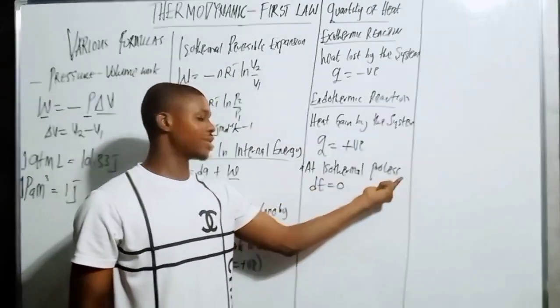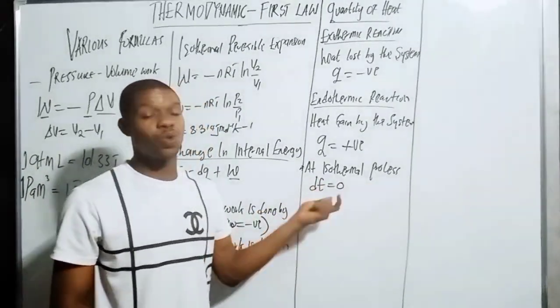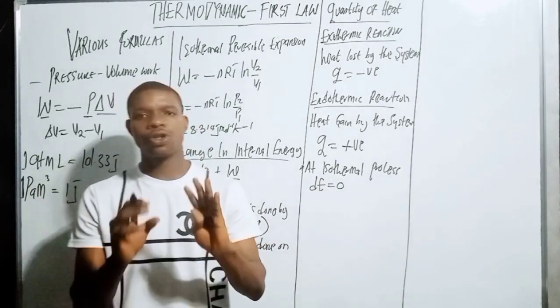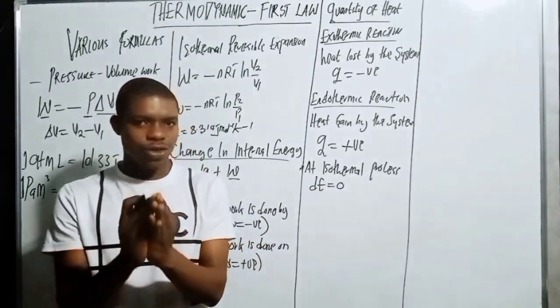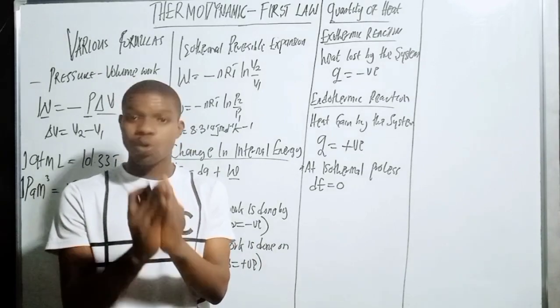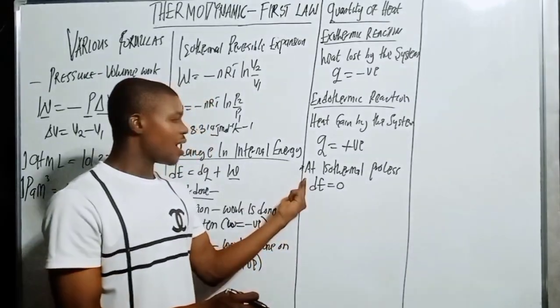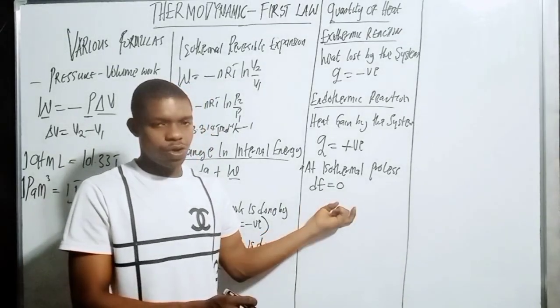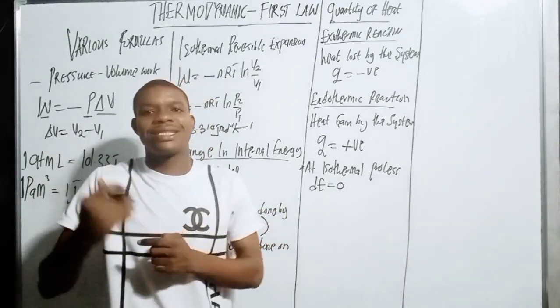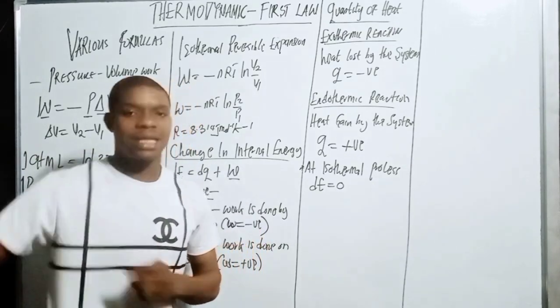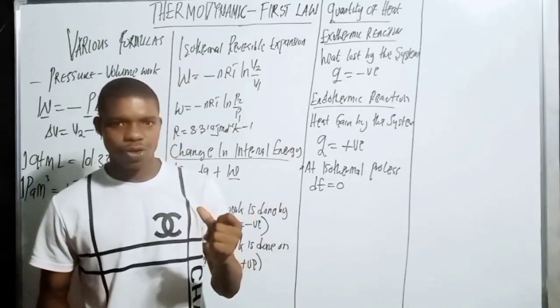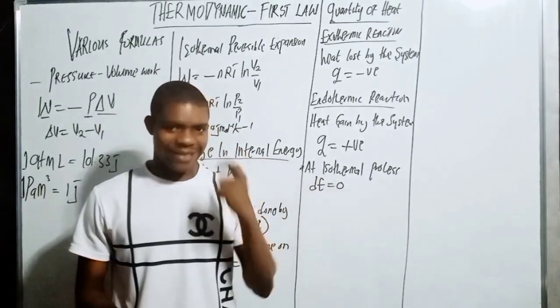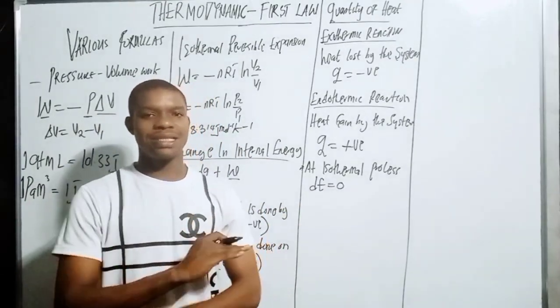In an isothermal process, the change in internal energy is always 0. So they will ask you what is the change in internal energy in an isothermal process. Once you hear isothermal process, ΔE equals zero. There's no change in internal energy.